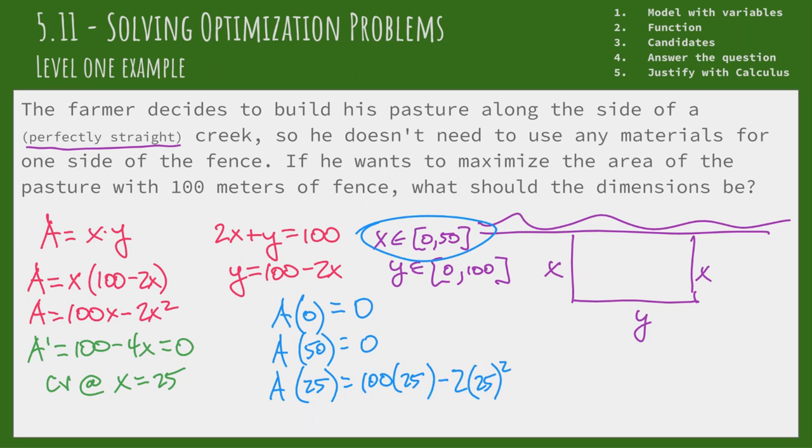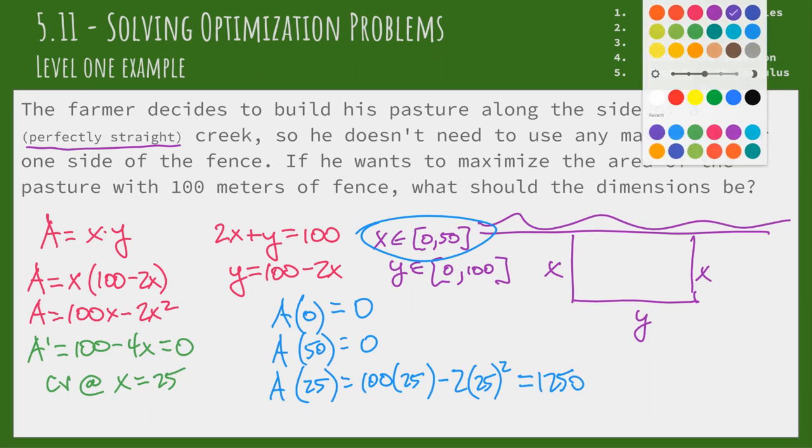So that's going to be 50 times 25, so that's going to be 1250. So based on that, at the endpoints, we get the area of 0 like we expected. It wouldn't make sense for our farmer to build a fence that looks like that, but it is a possibility.